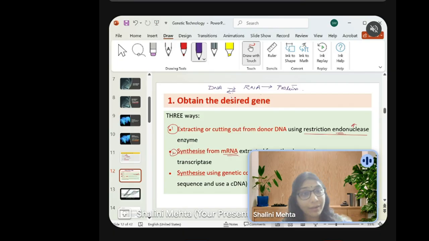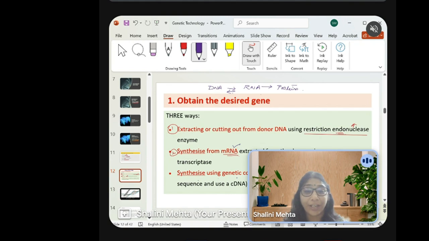It's the other way around, remember, right? And these enzymes can be used to get the desired gene or the DNA from the mRNA molecule. Remember, in eukaryotes, the introns would have already been removed from the mRNA. So it is always good to get the desired gene from the mRNA.